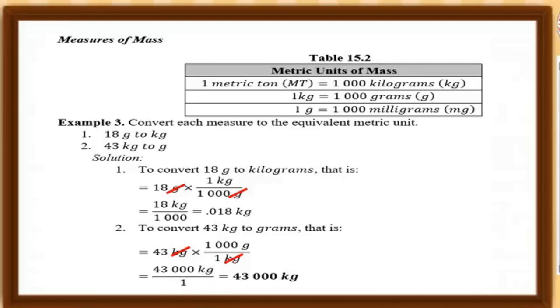To convert 43 kilogram to grams, we're going to multiply the 43 kilogram by 1,000 gram over 1 kilogram to cancel out the kilogram. So 43 times 1,000 is equal to 43,000 gram, and that will be our answer.